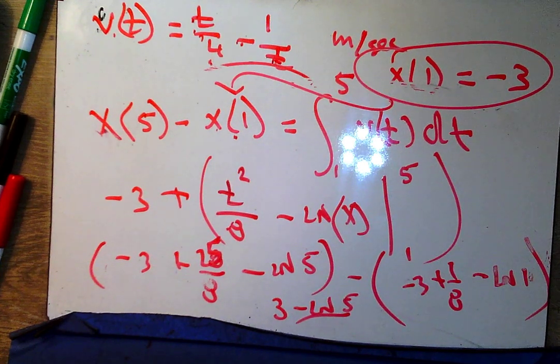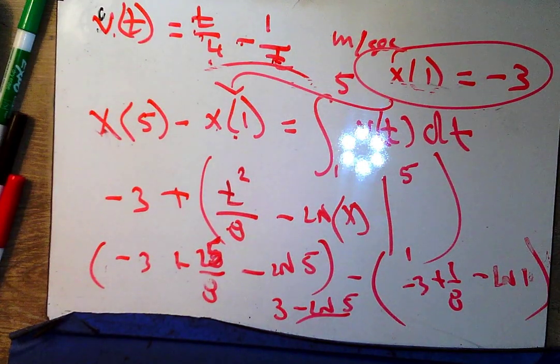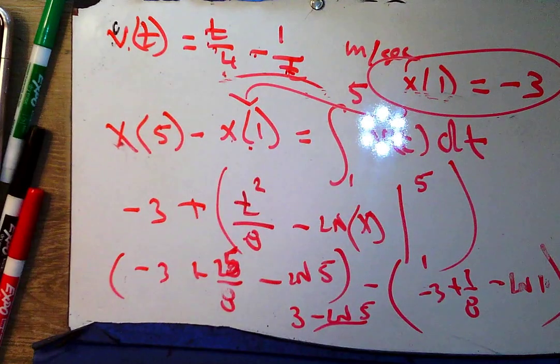Part C, the total distance traveled on 1 to 5. Well, again, I see that word total, and it really does make me think that v is going to be changing sign at some point on 1 to 5. And I'm going to need a couple of integrals here.